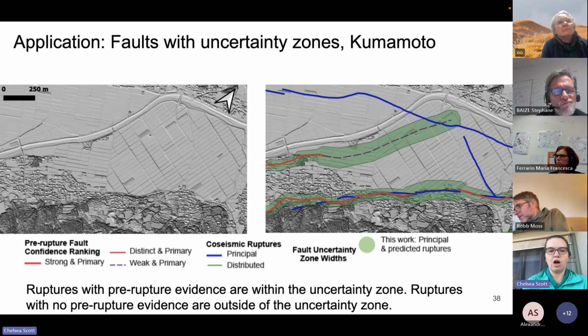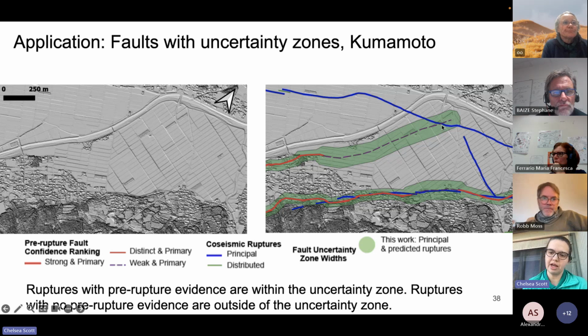Here's an example of these uncertainty zones for the Kumamoto earthquake. Here, the pre-rupture map is along this hill slope, and then crosses the agricultural landscapes. The fault uncertainty zones do span the rupture that occurred along the hill front.